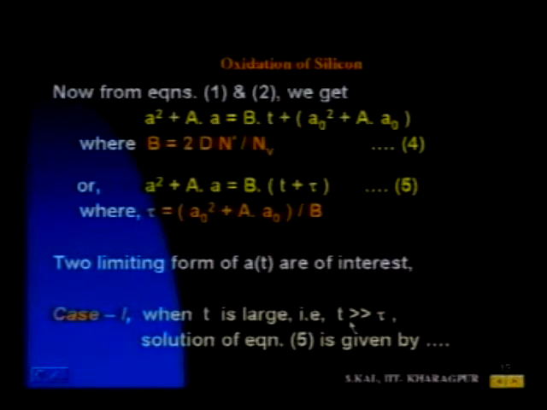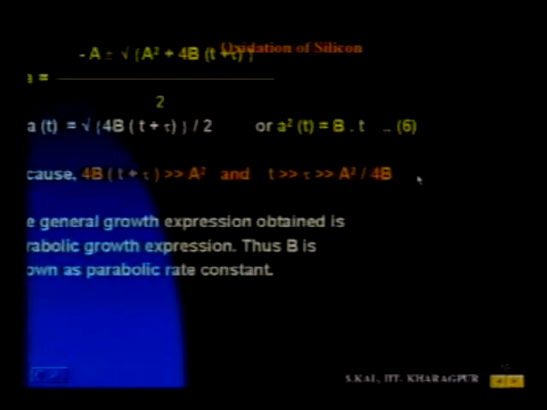Large means this value, the tau value, which depends on A naught, the initial oxide thickness, and A and B, which are again two substitutions, where B depends on the diffusion constant and A depends on the surface reaction rate constant K. When this tau value is small compared to the time, we are defining that as the large time. Under that condition, we have to find the solution of equation 5.